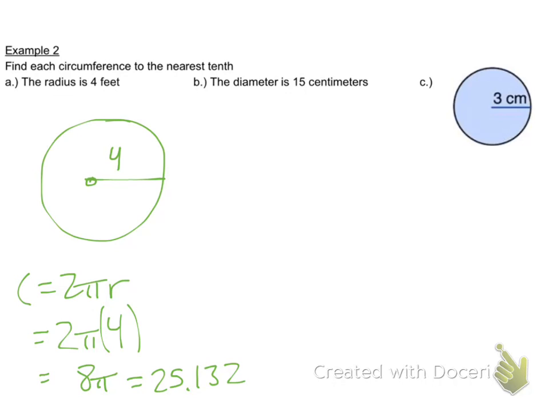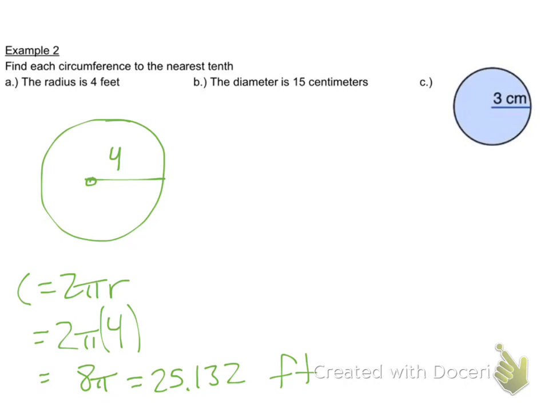Are we done with this problem? Parker, you need a label. Okay, what do you want to label it? Feet. Okay. Are we done with this problem? Logan, you have to round to the nearest tenth. Yeah, we have to go to the nearest tenth. We don't want the nearest thousandth.